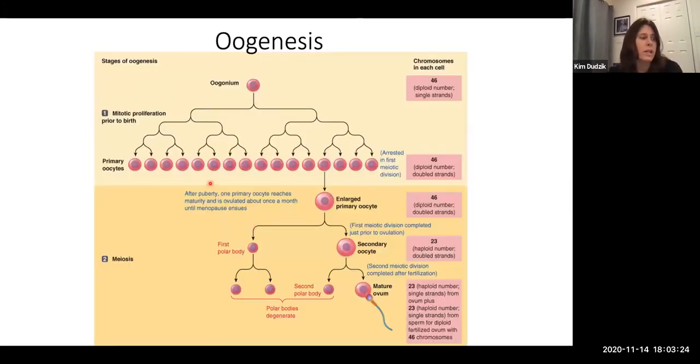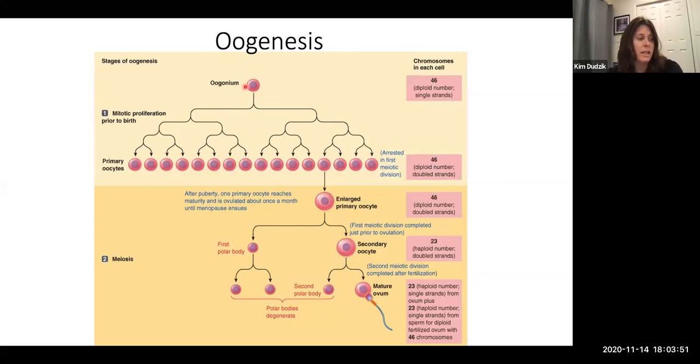So again, this is the process of oogenesis. The oogonia are produced in the fetal ovaries. So we're looking at the life cycle of one person. Before this girl is born, and the ovaries are developing, the oogonia develop. These are the undifferentiated germ cells, the diploid cells.